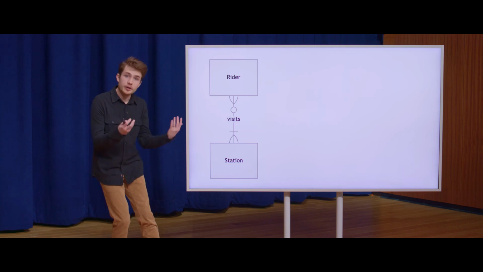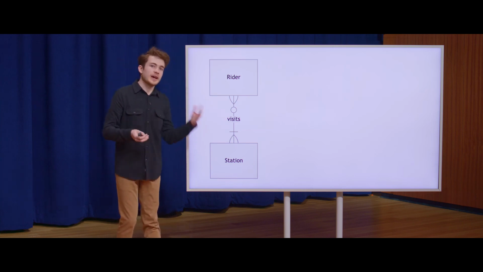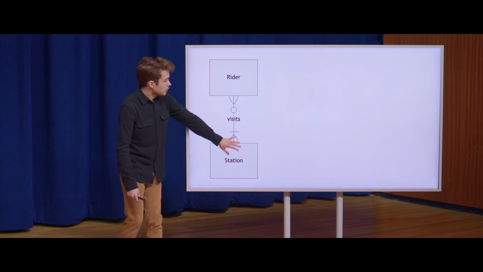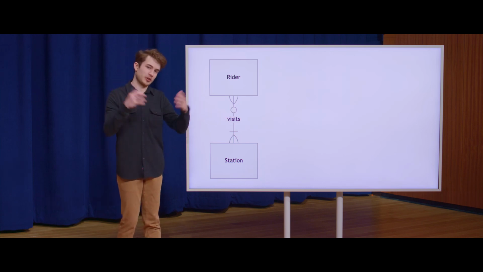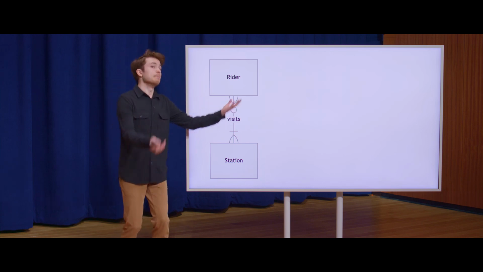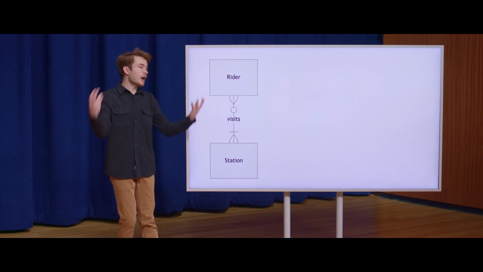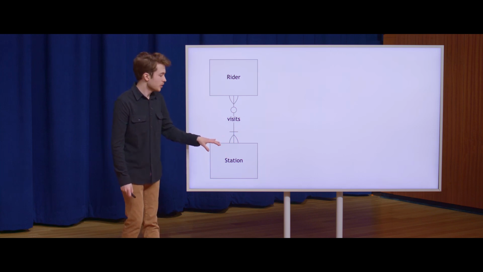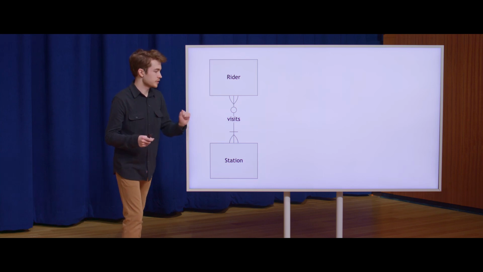They could have 1, 2, 3, 4, many stations they get on and get off of. Now, a station could have anywhere between 0 riders, if it's maybe out of commission or isn't very popular, upwards to many. It could have 2, 3, 4, 5, even hundreds of riders associated with this particular station. So here is our entity relation diagram for these particular riders and these stations.